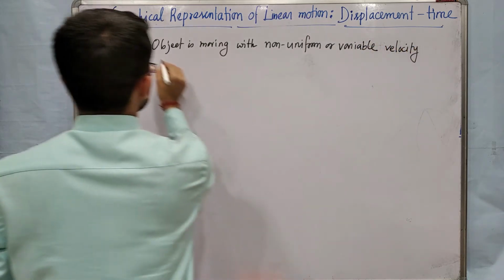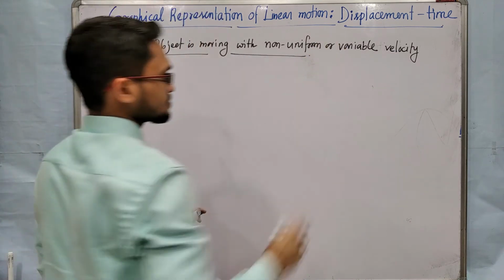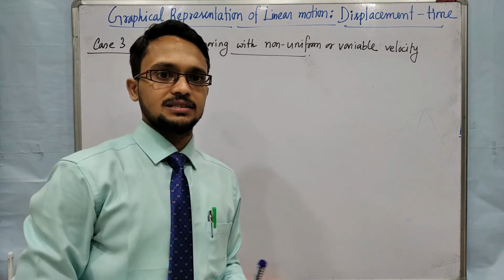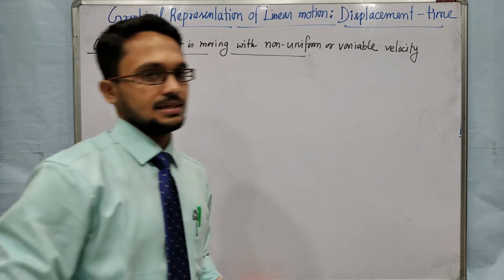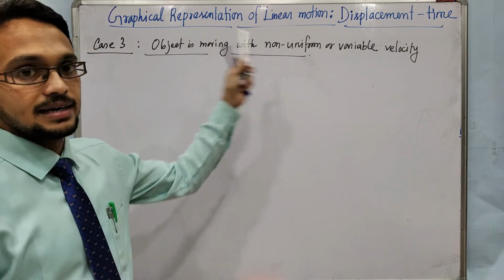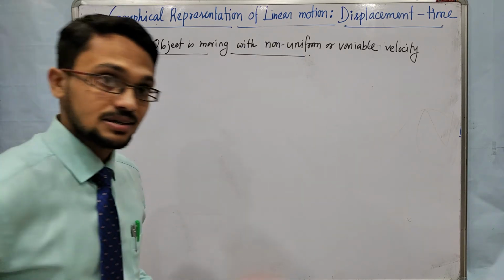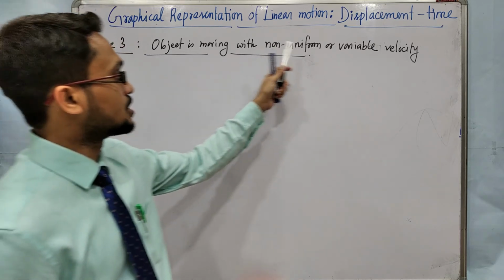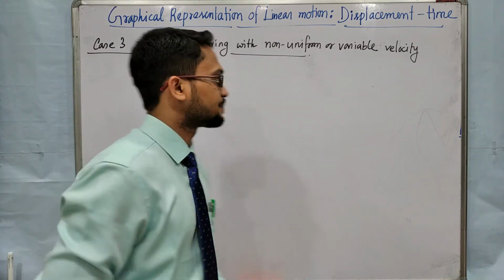Okay, that means here in equal interval of time the object is moving unequal distance in a particular direction. Here we are considering only linear motion, that means moving along a straight line, no direction change. So only the magnitude will change for non-uniform or variable velocity.